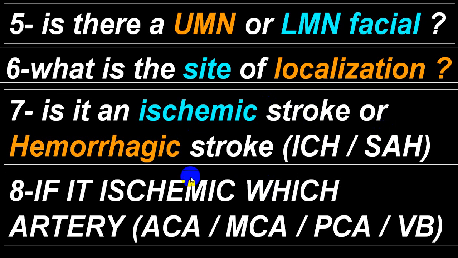And then which artery is involved, whether it is the anterior cerebral artery, middle cerebral artery, posterior cerebral artery, VB territory, and again in that, whether it is the inferior or superior branch in MCA, or in the posterior circulation, whether it is PICA, that is posterior inferior cerebral artery, or other posterior artery circulations.